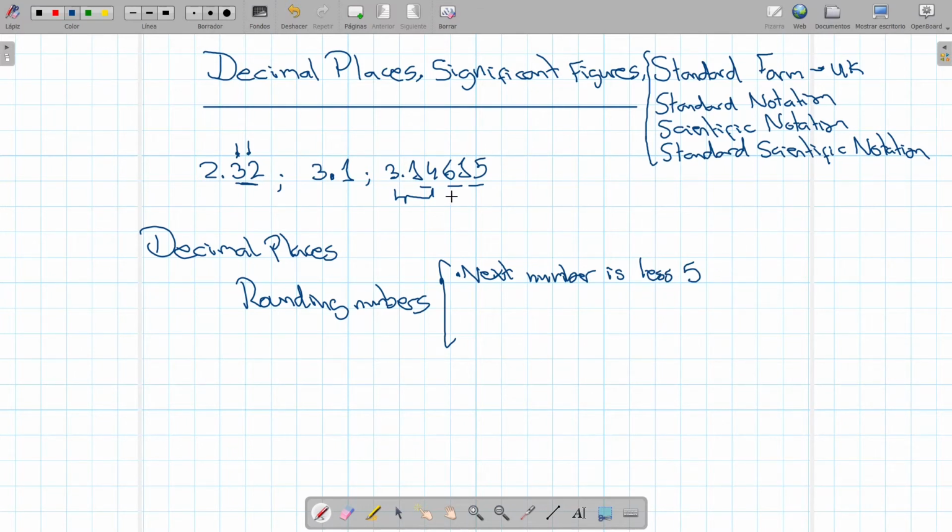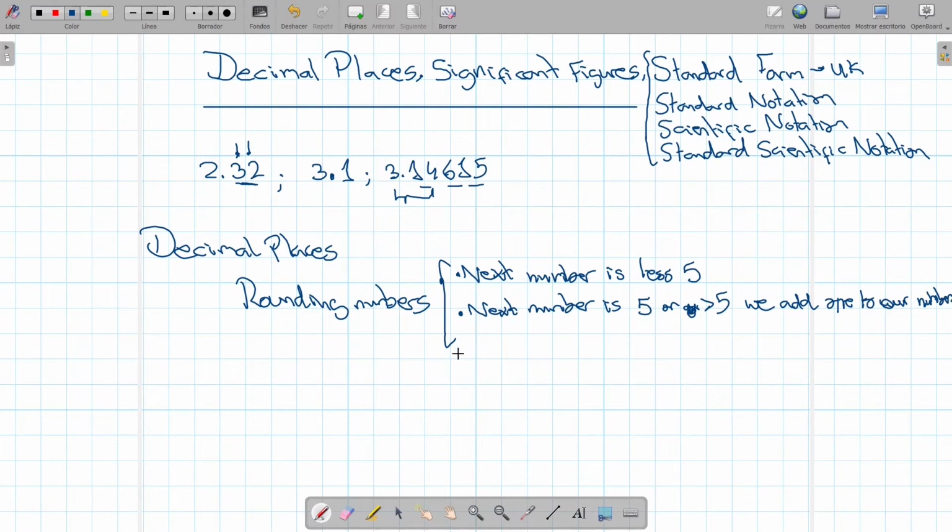Okay, you just delete the rest of the numbers that there are. And if the next number is 5 or greater than 5, we add 1 to our number.